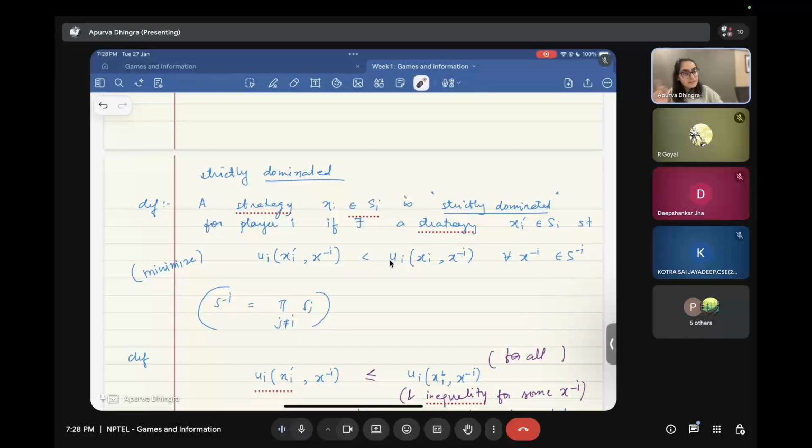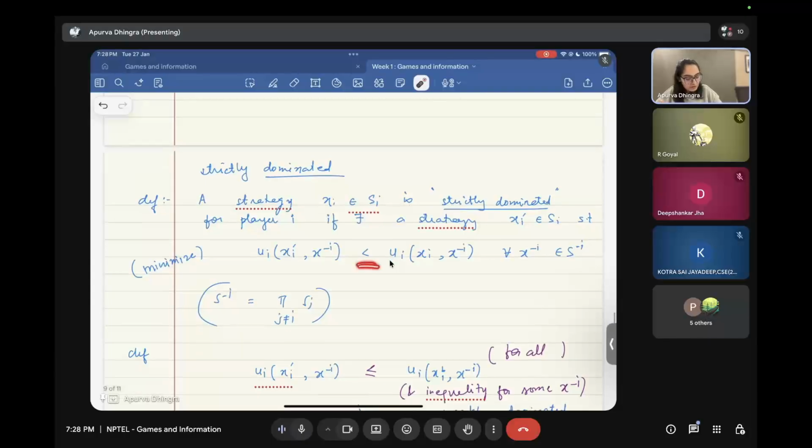If we can find another strategy that does strictly better, so never equal, always better, then we call that xi a strictly dominated strategy, and this needs to hold for all the options for the other agents.